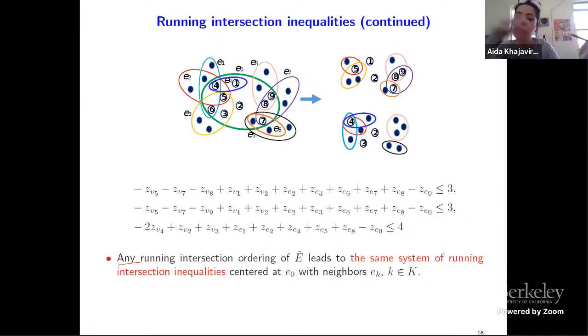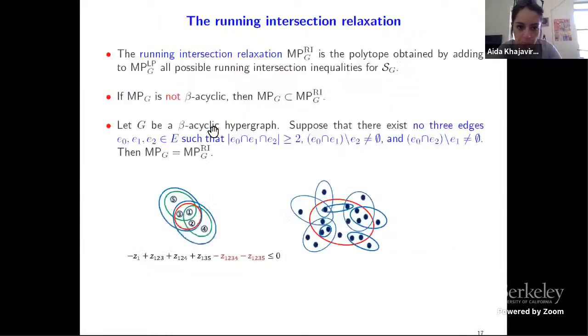So you can pick any ordering, write down all the possible running intersection inequalities for that hypergraph, and the system is independent of the ordering. In this way, these inequalities have a nice, well-defined definition.